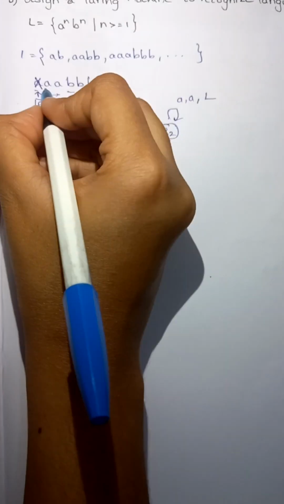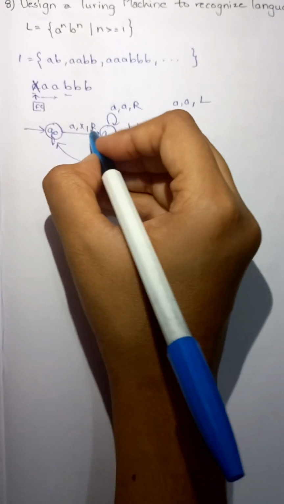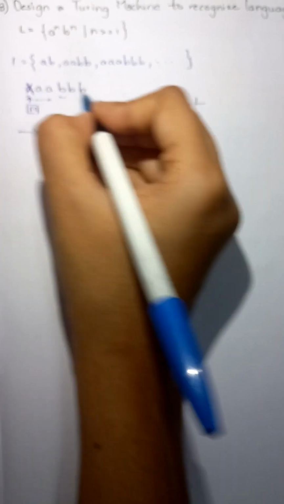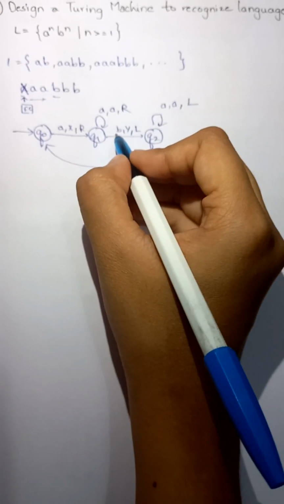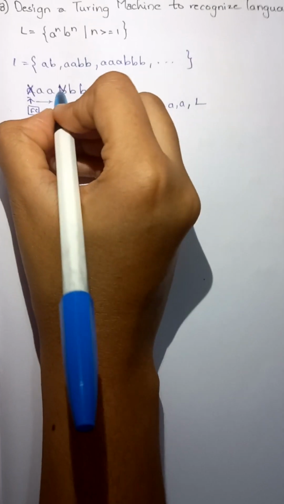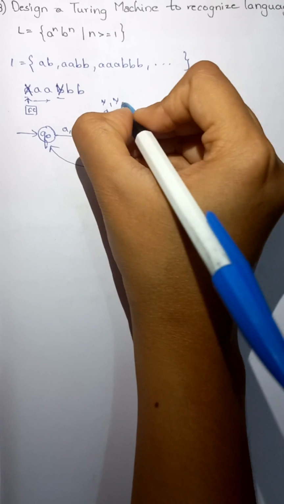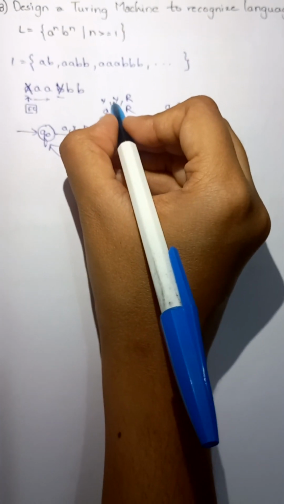And then we get the next A, and again it is changed to capital X and then move towards right. And the next A is encountered, it stays as A and moves towards right. Then here we change the B to Y. So when Y is encountered, it doesn't change and it moves towards right.